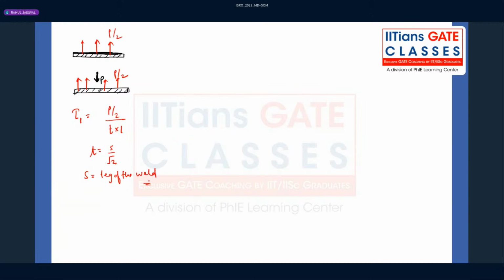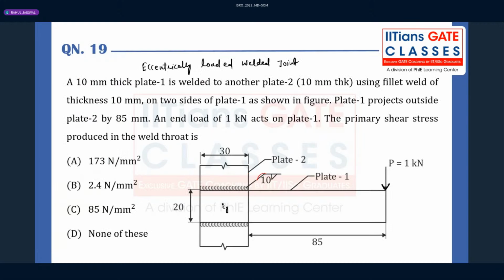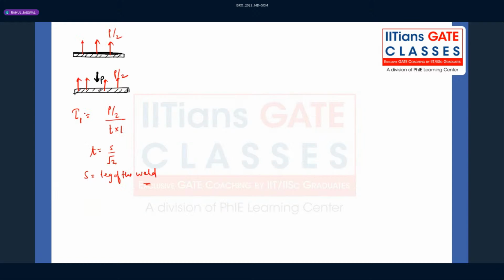Always remember, in the problem the leg of the weld will be given to you. The leg of the weld is 10 mm. You have to always find in terms of T, the throat thickness, because that is the weakest section. That is going to fail first. So we have to design that particular throat section safely, right?